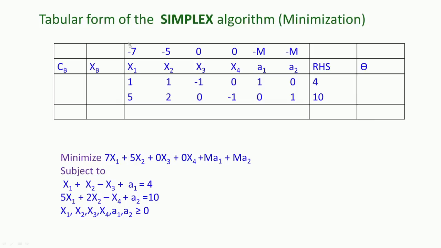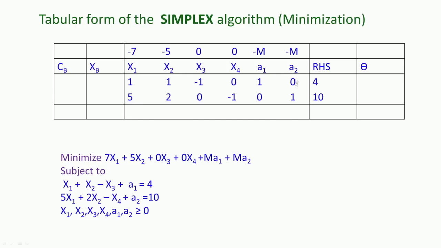The objective function coefficients are written with a negative sign because they are written for a maximization problem. So this 7 becomes -7, -5 and so on. Now I realize that the way I have written this, my identity matrix is coming with A1 and A2 because they have been inserted into the problem for a starting solution, and therefore they will have an identity matrix there.